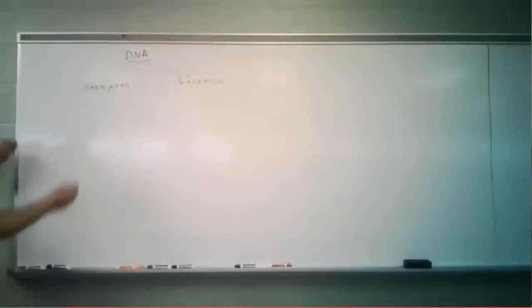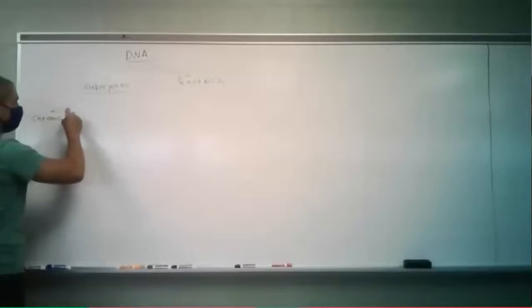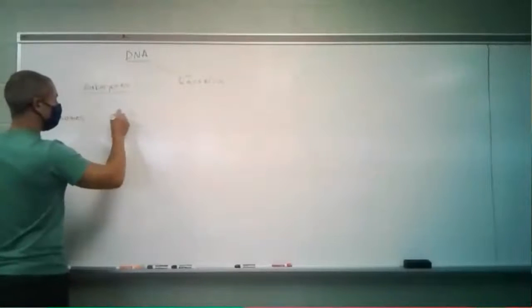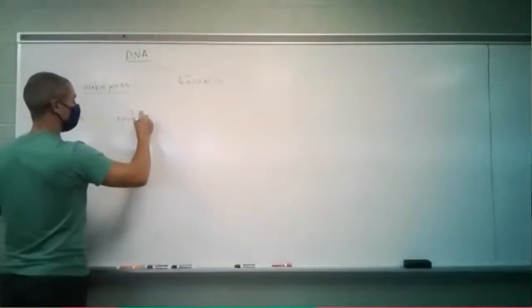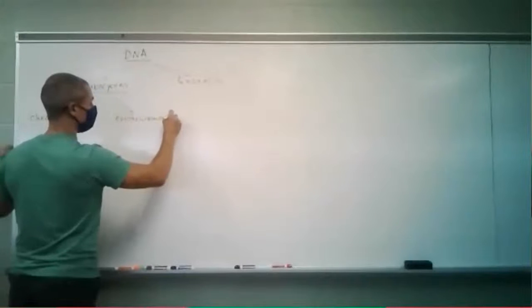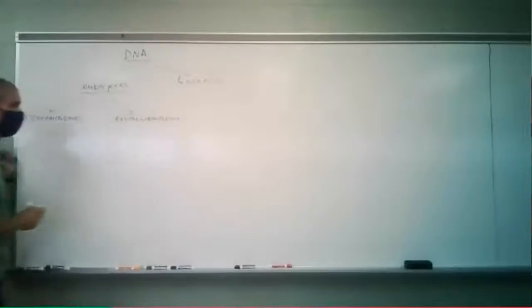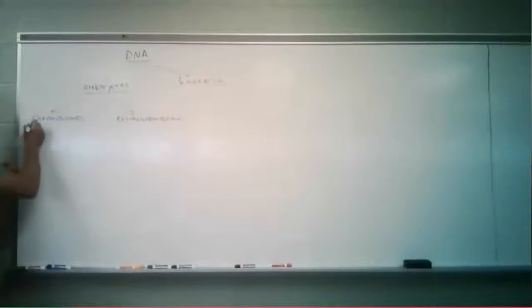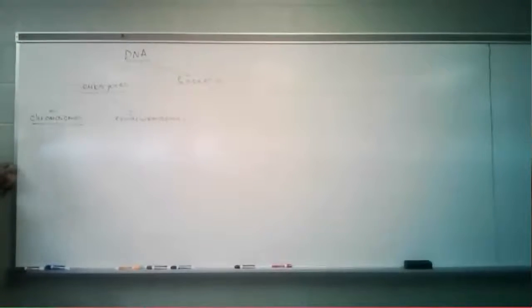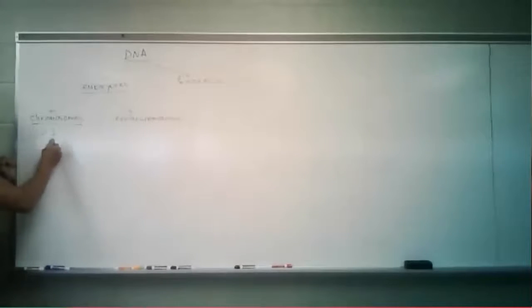So in eukaryotes, DNA can exist in the chromosomes and it can be extrachromosomal. So chromosomes in eukaryotes, usually more than one, which can be 4 or 72, like in the mouse, but more than one, and they are linear.